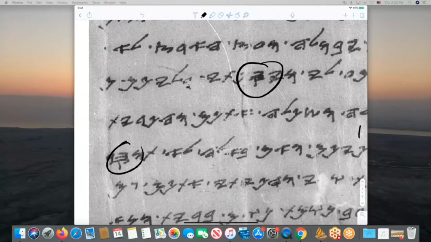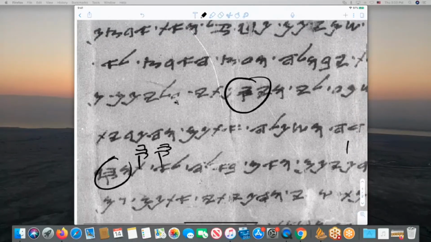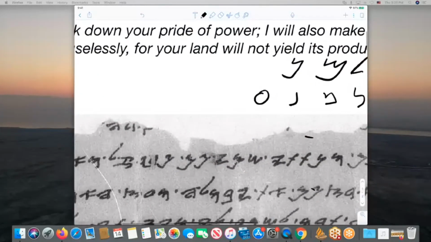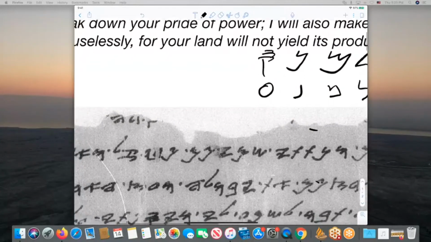You have a series of these, something like that, where you have 1, 2, 3 little hooks and then a vertical line. So that's our letter Samech. So we'll come up here and draw that. And it's usually a little bit bigger than the other letters.